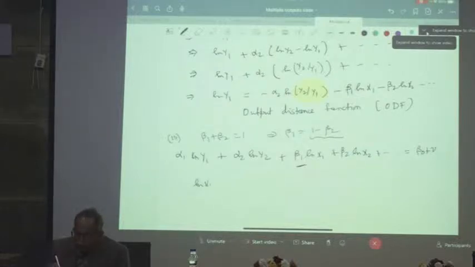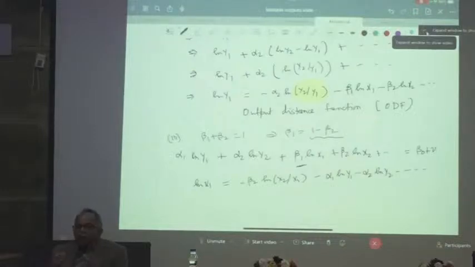Log of x1 is equal to, on the right hand side, minus beta 2 log of x2 over x1. And then you will have the output quantities, like alpha 1 log of y1 minus alpha 2 log of y2 and things like that.